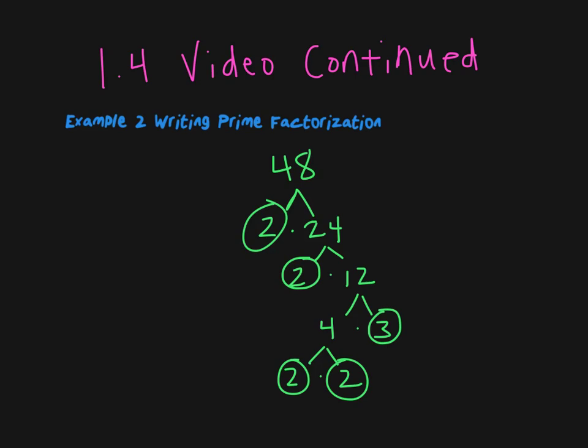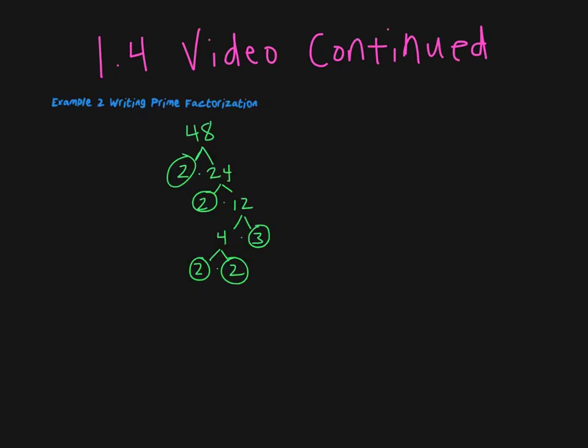So again, when you list them out, you're going to list them below. So I just made this smaller and moved it aside so that I could draw this and you could see what I'm doing here. So I'm going to take all my numbers that I have circled, all my prime numbers, and I'm going to list them out. So 48 equals 2 times 2 times 2.